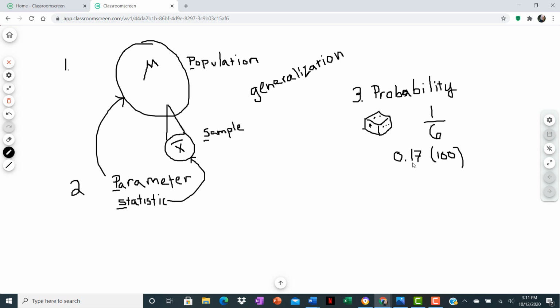So 0.17 times 100, we just move the decimal over, and we find ourselves with a happy 17%. That's pretty clean. That makes perfect sense because a 1 in 5 would be 20%, and this is a little bit lower.